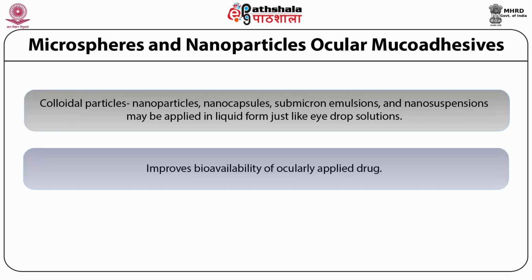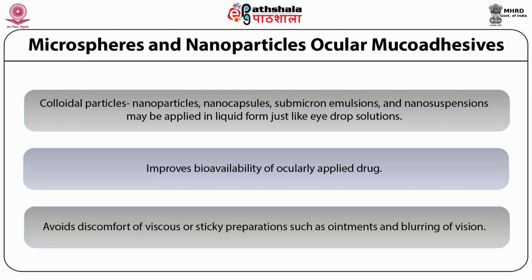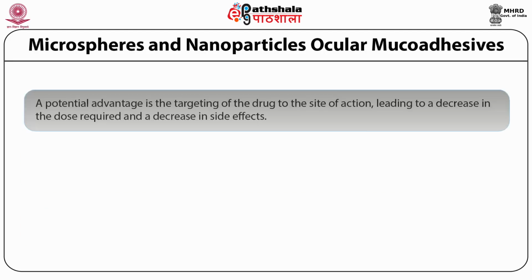This improves the bioavailability of the ocularly applied drug. It avoids the discomfort of viscous or sticky preparations such as ointments and blurring of vision. A potential advantage is the targeting of the drug to the site of action, leading to a decrease in the dose required and a decrease in the side effects.